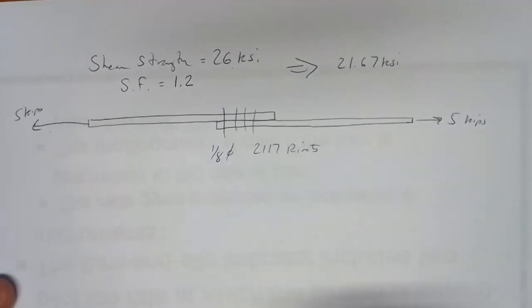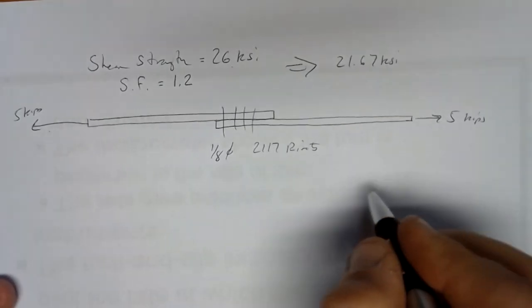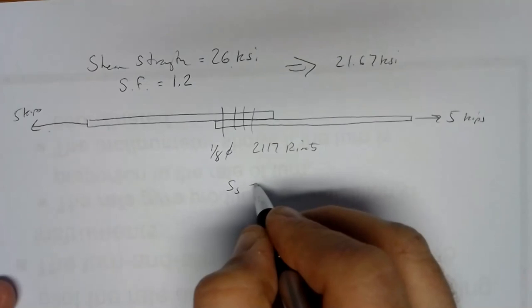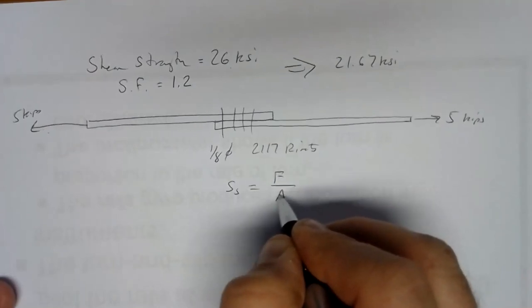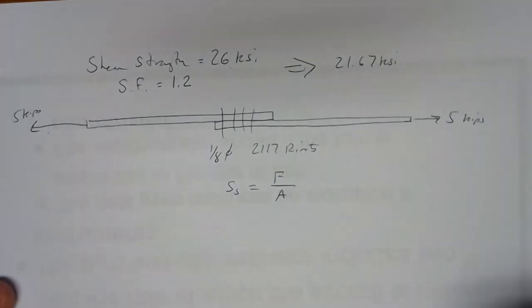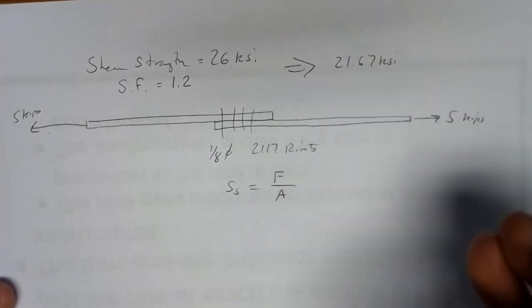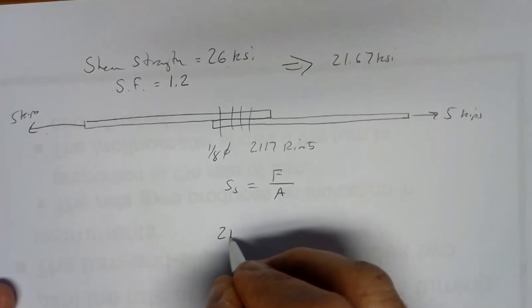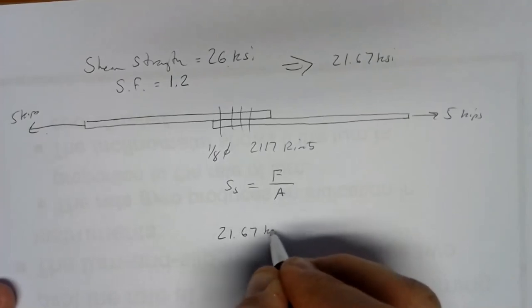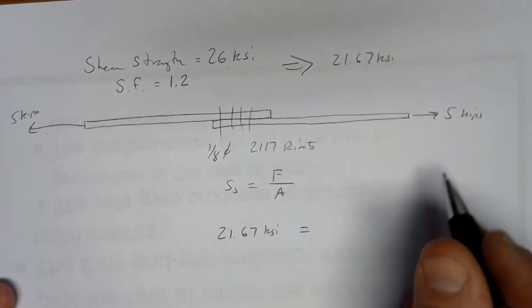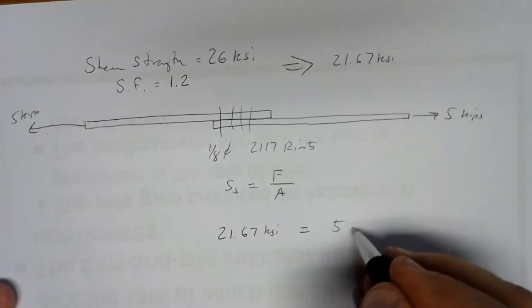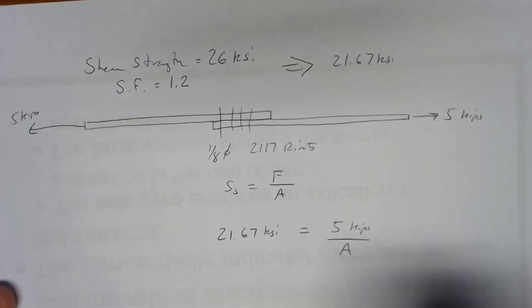So let's figure out how many rivets we need. The shear stress is force spread out over the area resisting that force. Well, the shear stress we're shooting for now is our reduced shear stress, 21.67 KSI. We're going to use our regular force, 5 kips, and we need to know the area.